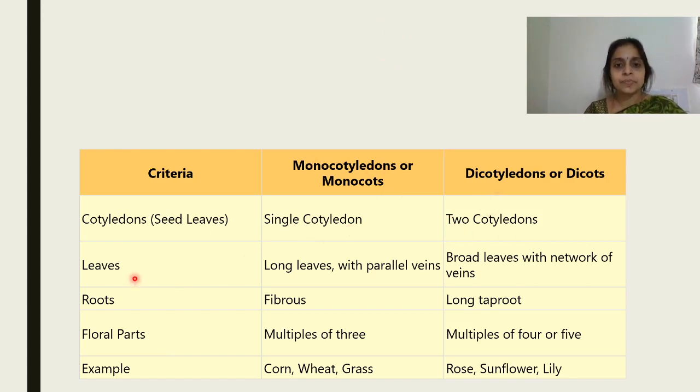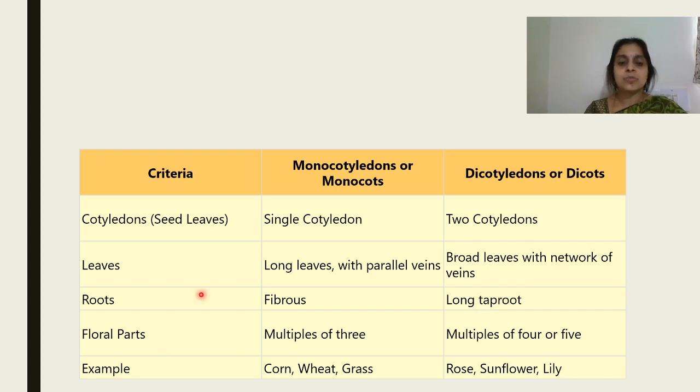Coming to leaves, monocots have long leaves with parallel venation. Dicots have broad leaves with a network of veins, meaning reticulate venation. Coming to roots, monocots have fibrous roots, whereas dicots have a long tap root.